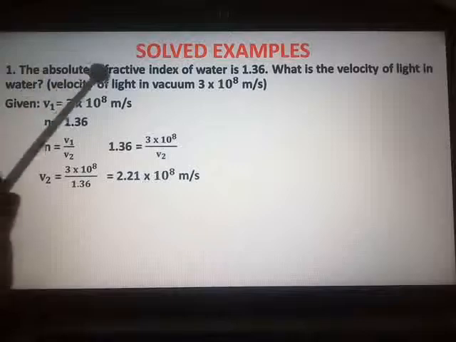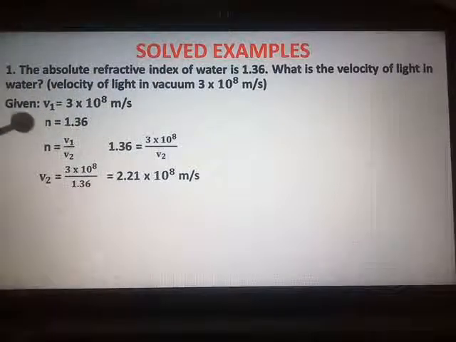Now this is absolute refractive index, so a small n is the denomination for refractive index. So absolute refractive index is 1.36. As you know, refractive index does not have any unit. They have asked what is the velocity of light in water.